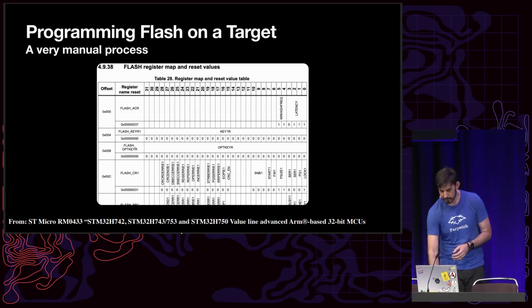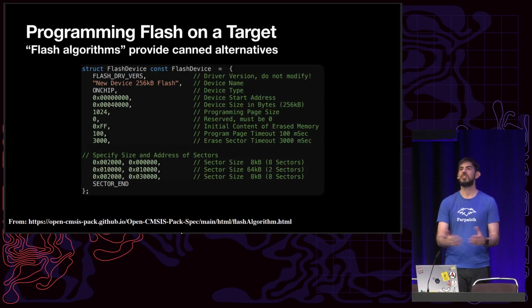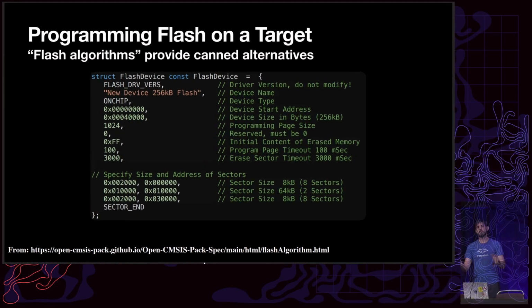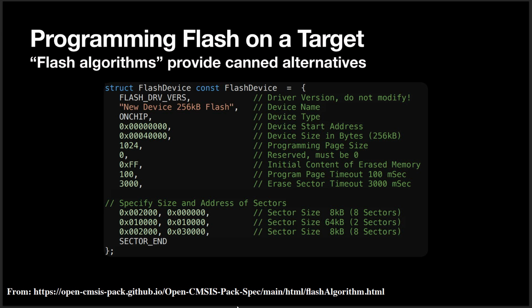So what ARM did is they came up with what's called a Flash algorithm. That is something that your chip vendor might provide you, a big XML file that contains a bunch of entry points, and the idea is you load this into code and you jump to it with pointers set to the correct place, and in theory, it will just flash the target for you. This can actually work reasonably well.